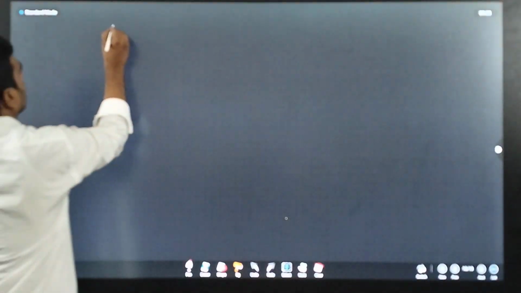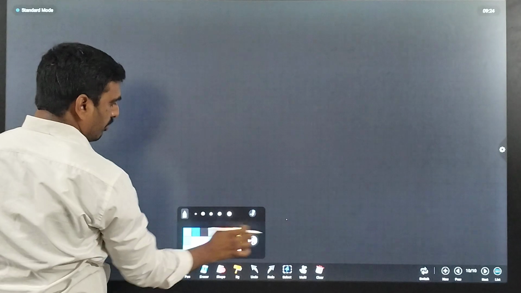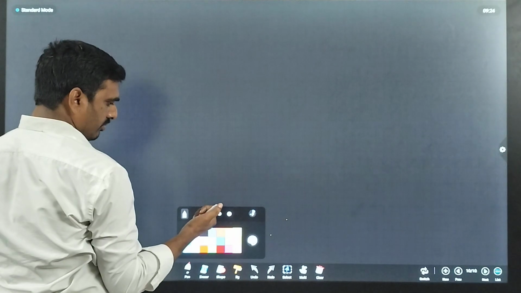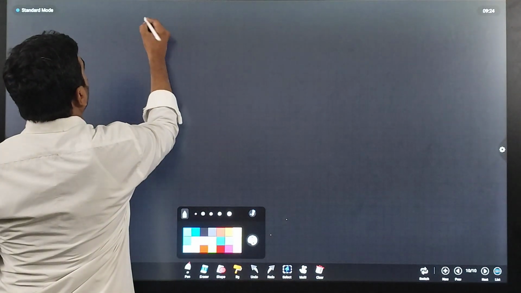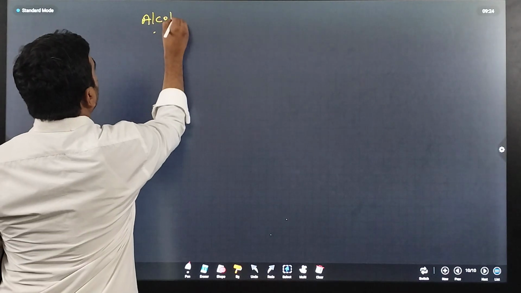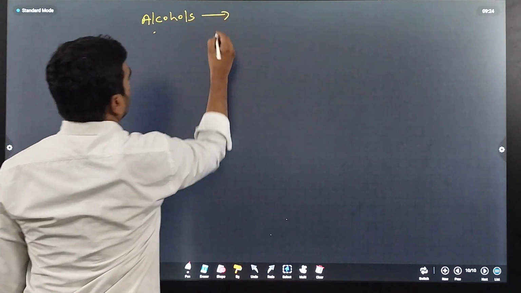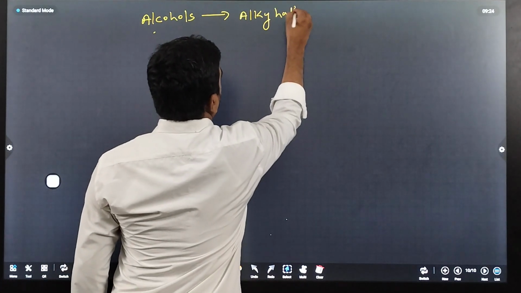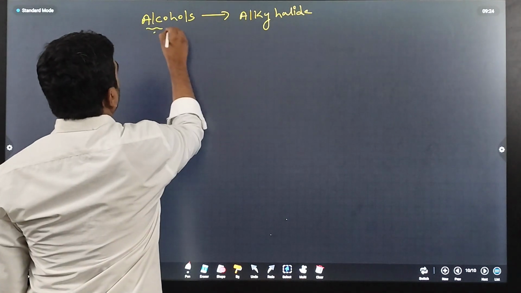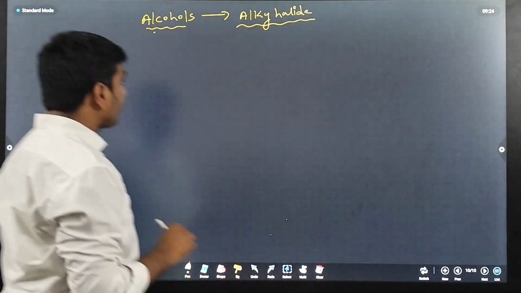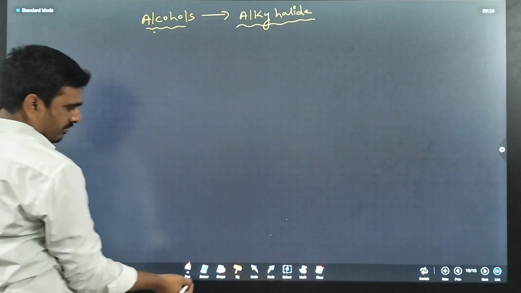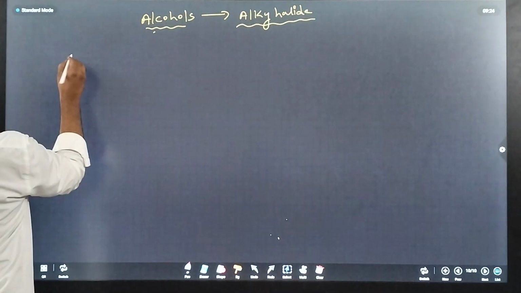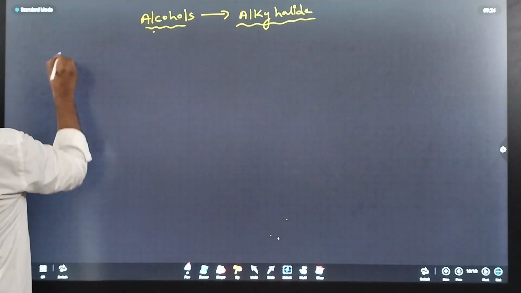Preparation methods from alcohols, alcohols to alkyl halide. So here two methods are there.